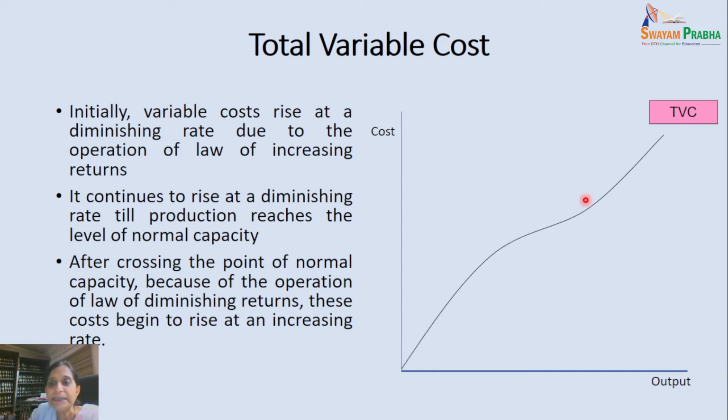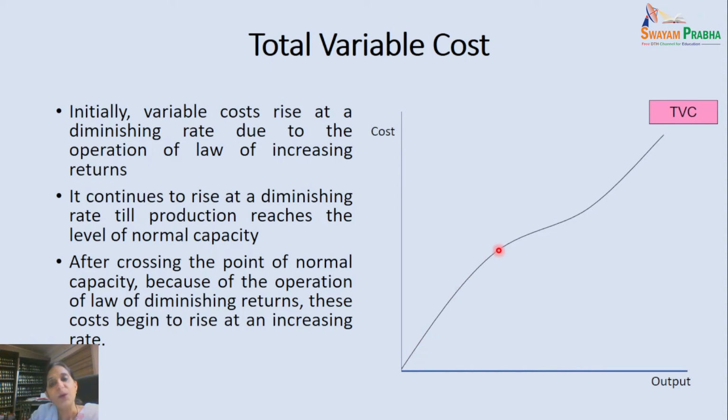But it is not a linear line. It is not a straight line. You see that there is a certain rate of change at which this TVC is increasing. Let us understand what it is saying. Initially, as the firm starts to produce or starts hiring the variable input, the variable cost rises but at a diminishing rate.